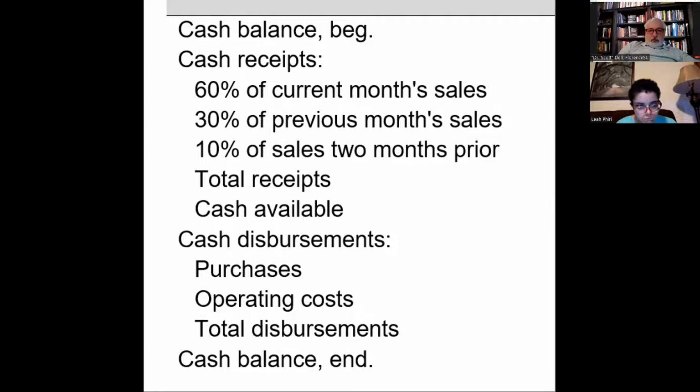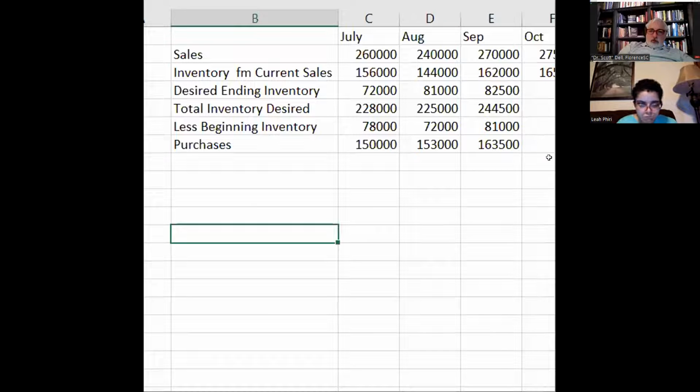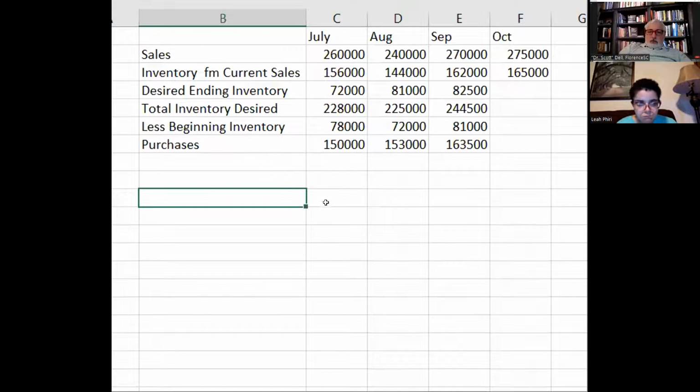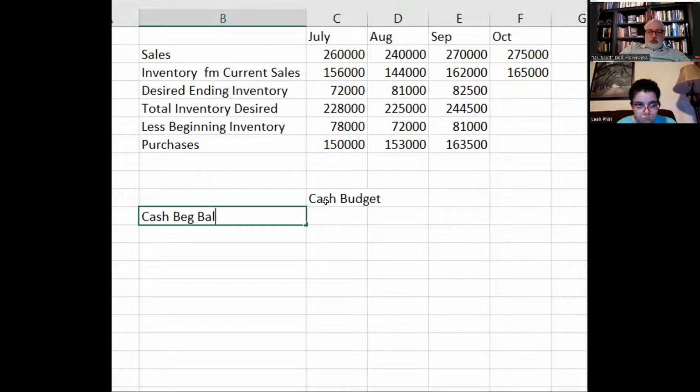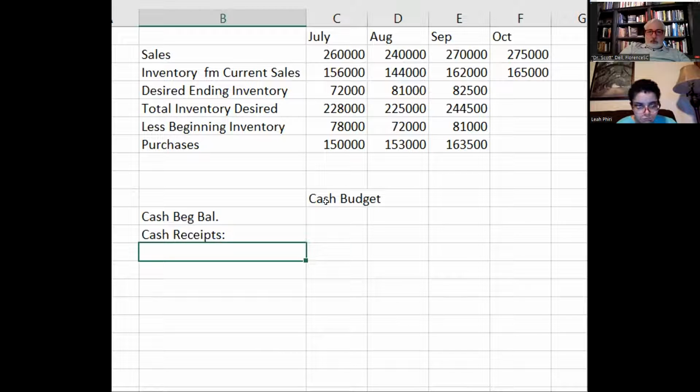I'm gonna go ahead and go into the spreadsheet. Let me do a cash budget here. Start with a cash beginning balance. And we isolate our cash receipts for the 3 months prior. Current month was 60%, I believe.